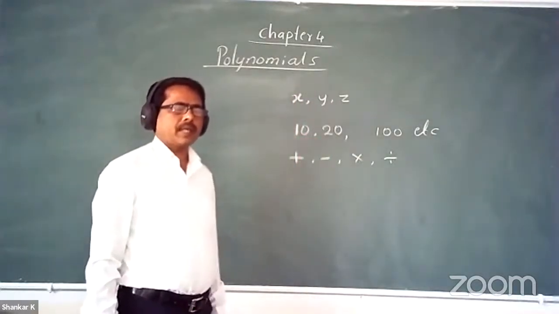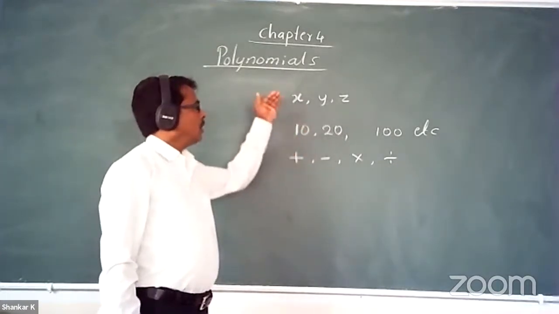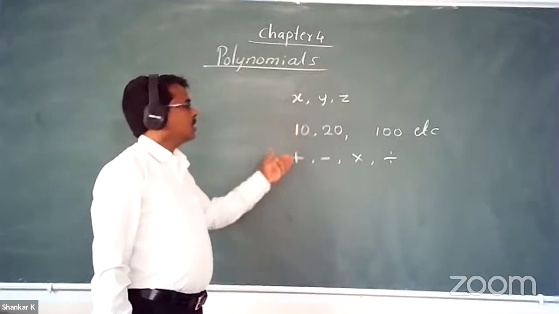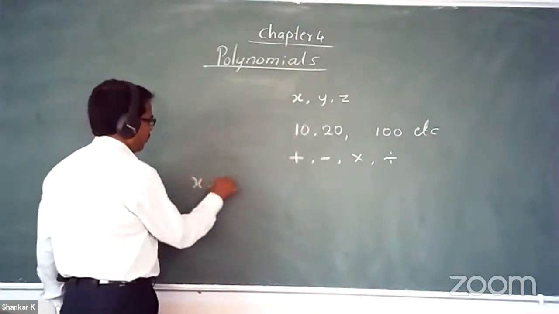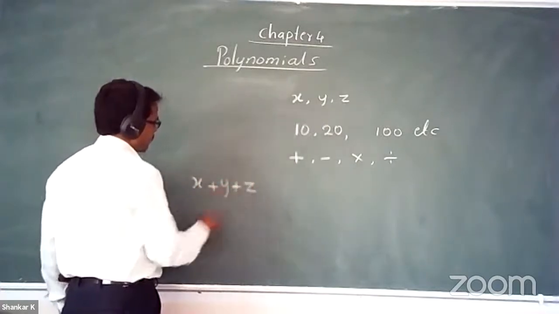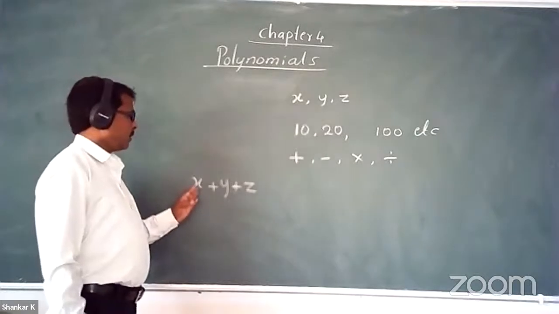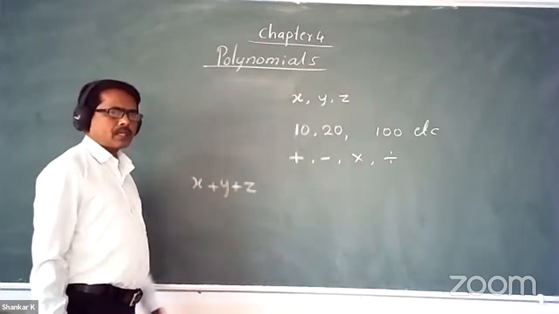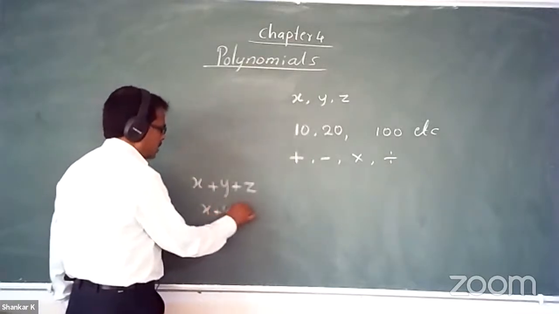Now, what is an algebraic expression? It is a combination of variables, constants, and arithmetic operators. For example, x plus y plus z is an algebraic expression. It is a combination of variables and arithmetic operators. Or you can write x plus y minus 10.